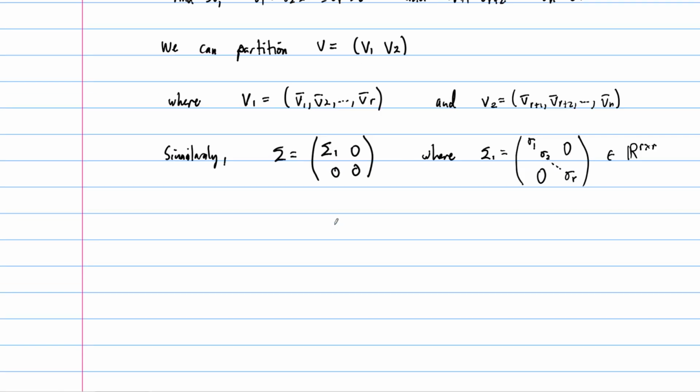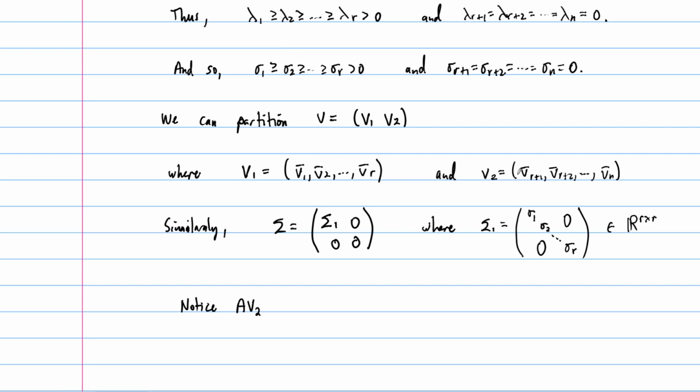So the next thing that we can notice, once we've got this decomposition, is that A times V2, so A times the matrix of these vectors, these eigenvectors that correspond to the 0 eigenvalues of A transpose A, is going to equal the 0 matrix.